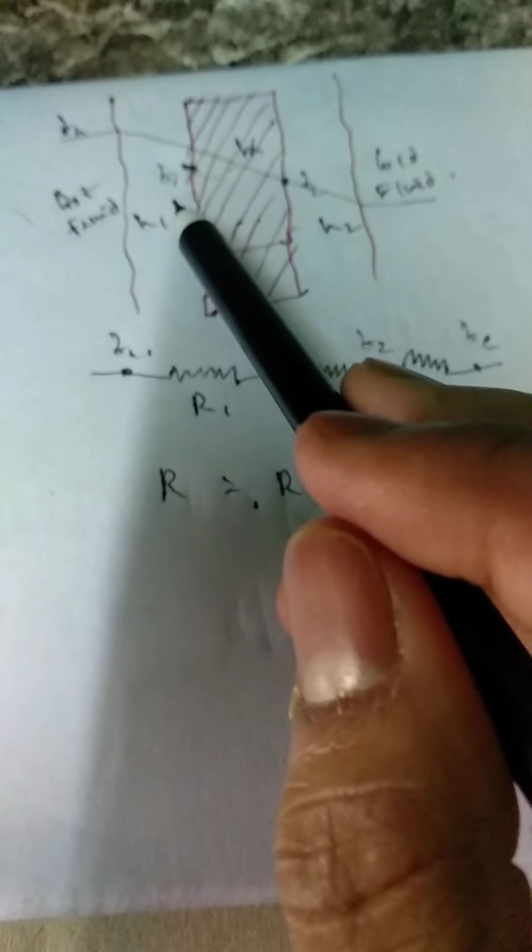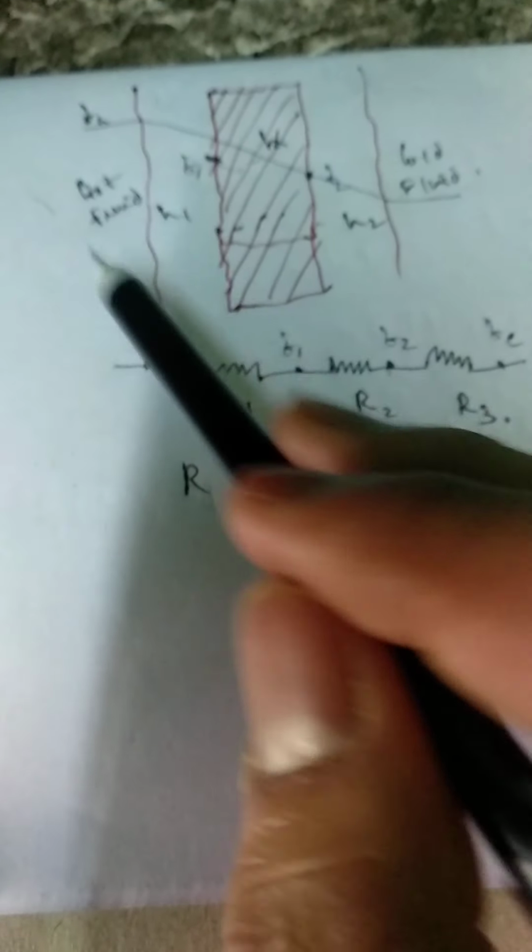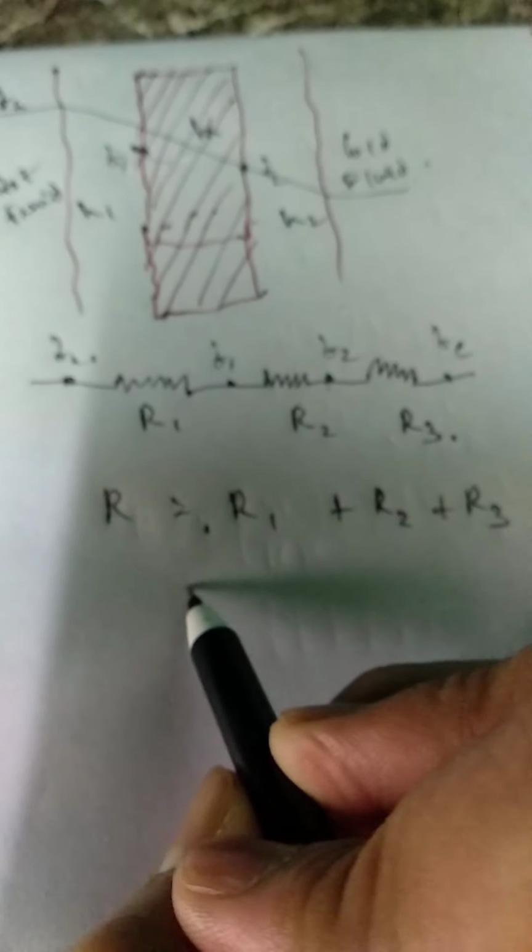R1 is, as I have already said but am repeating once more, the convective resistance of this hot fluid. Then there is the thermal resistance of this wall, and then again we have a fluid layer, the convective thermal resistance of this cold fluid, that is R3. Now what is R1?